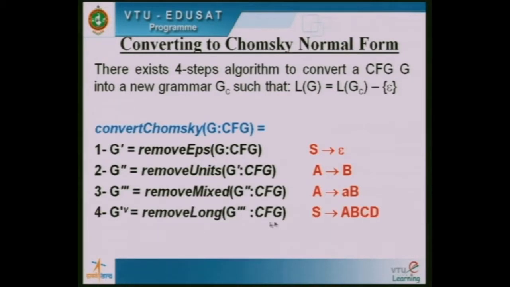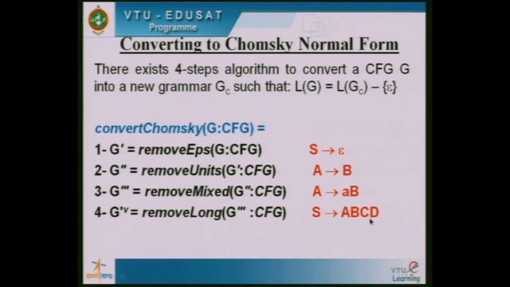Then the grammar obtained must pass to the 4th algorithm, that is called remove long. Why remove long RHS? As you know, in Chomsky normal form, as we just discussed in the definition, the maximum you can have is 2 non-terminals. If it is more than 2 non-terminals, then it must be reduced to 2 non-terminals. For example, here S tends to ABCD, you have 4 non-terminals.